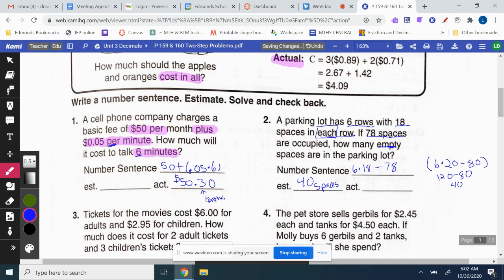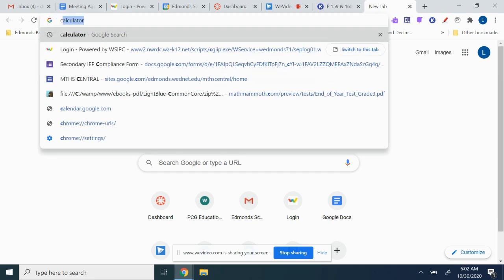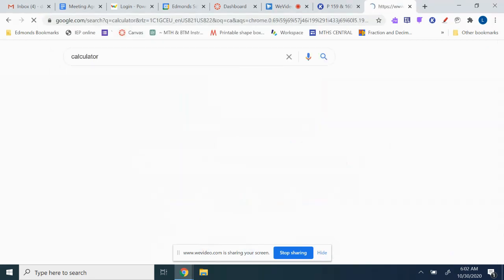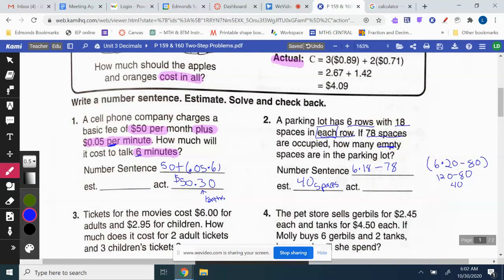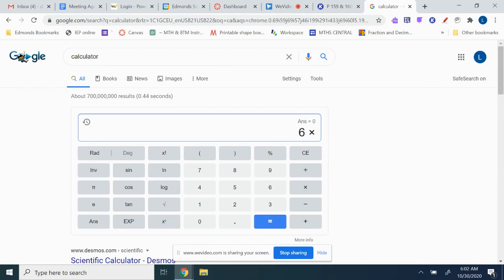And this is when the calculator comes in handy. So let's get the Google calculator up. And let's make sure we have our numbers right. 6 times 18 minus 78 gives me 30.